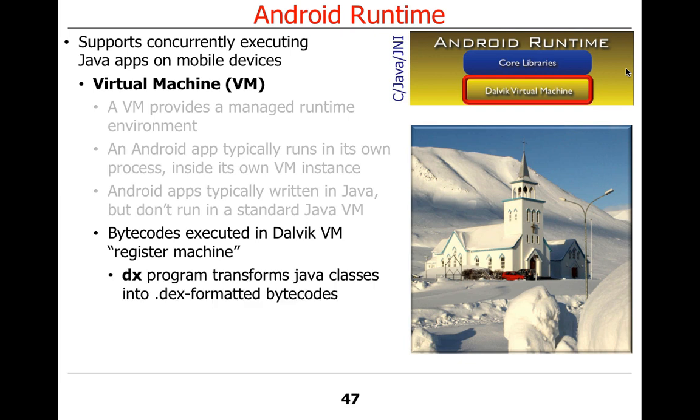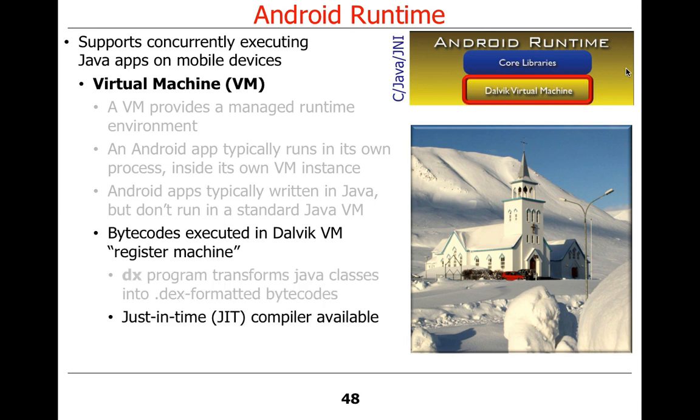There's a program called DX that transforms Java classes, not .java stuff, but .class stuff, right? The Java class files that have the bytecode format into the Android DEX formatted, Dalvik executable formatted bytecodes. That's all handled for you automatically by your runtime environment.